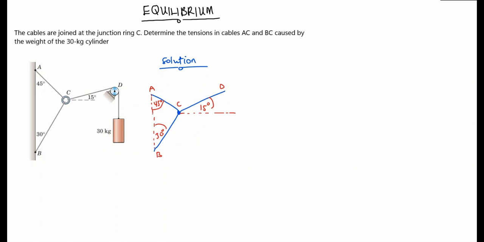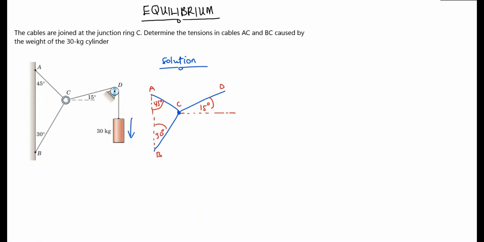Now let's look at the direction of the tension forces. From the figure, the weight of the block will be pulling down, and this system is in equilibrium. So the tension in cables AC and BC will try to make the system stable.